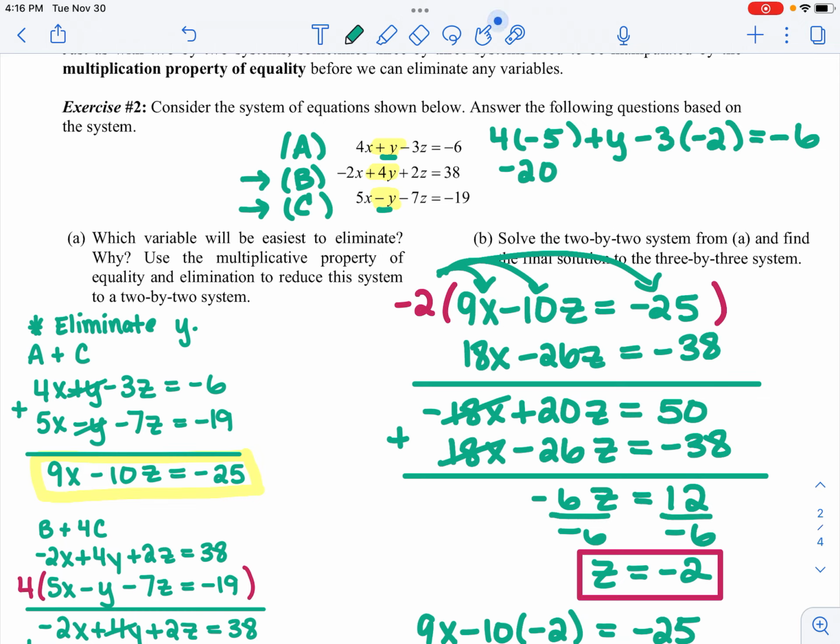So negative 20 plus y plus 6 is equal to negative 6. Negative 20 and 6 add together to be negative 14. And then if I add over the 14 to the negative 6, I should get a y value of 8.